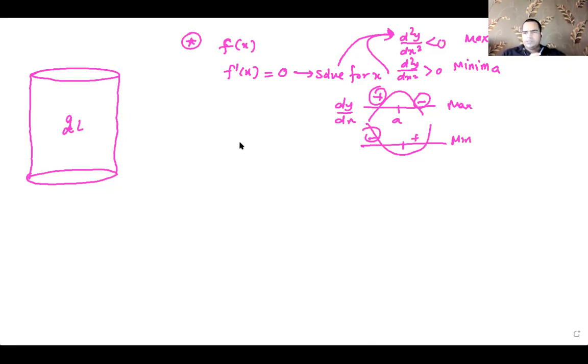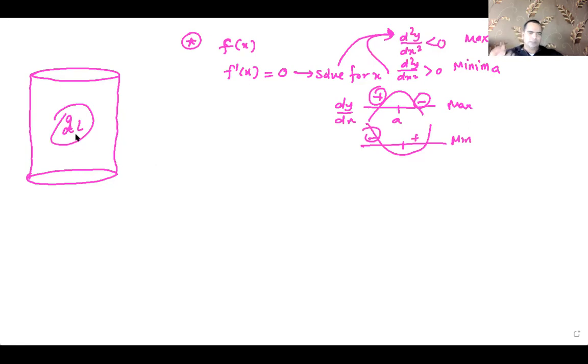What should be the dimensions of the cylinder such that the surface area, or the material required to build it, is least or maximum? You'll have to justify with evidence whether it's a maximum or a minimum. So here the constraint is that the volume should be 2 liters.